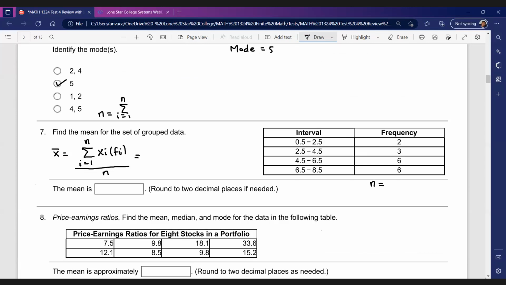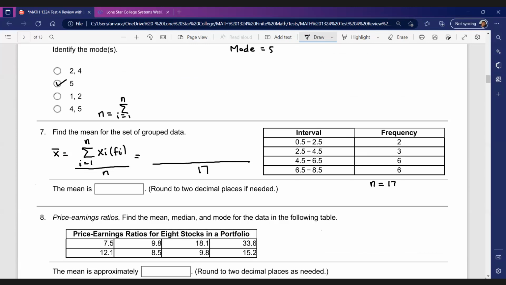N is equal to 2 plus 3, which is 5. 5 plus 6 is 11. 11 plus 6 is 17. So whatever the sum is going to be divided by 17.